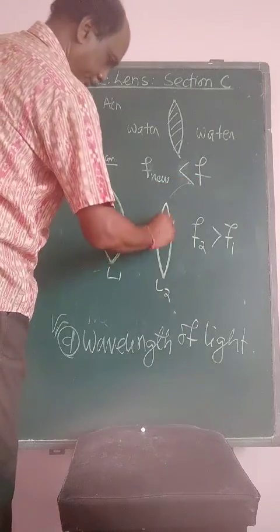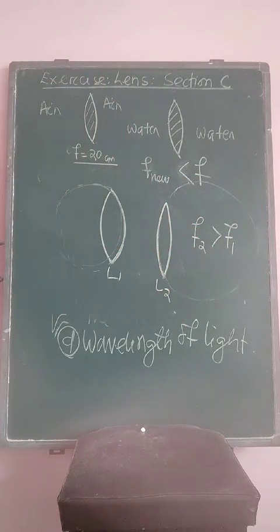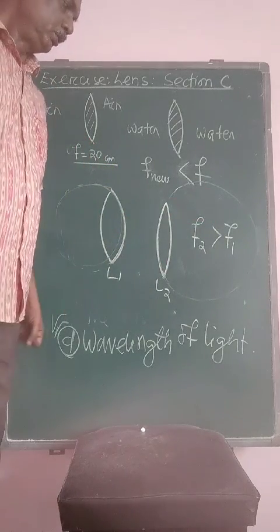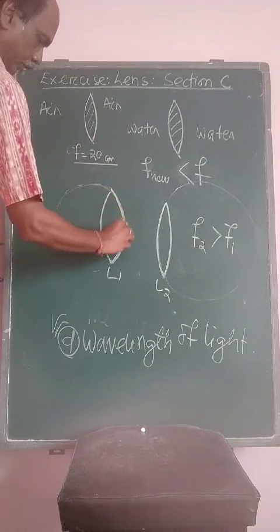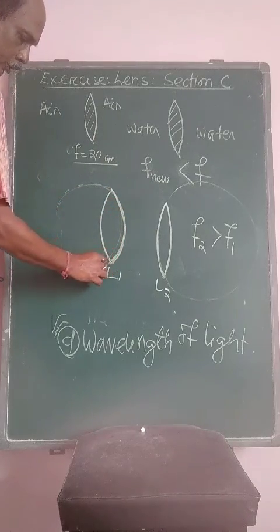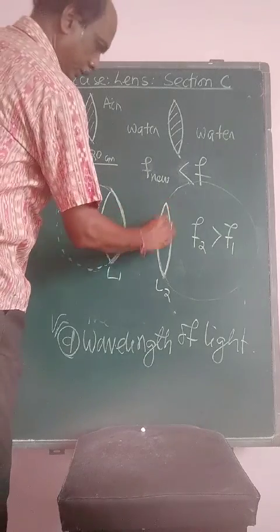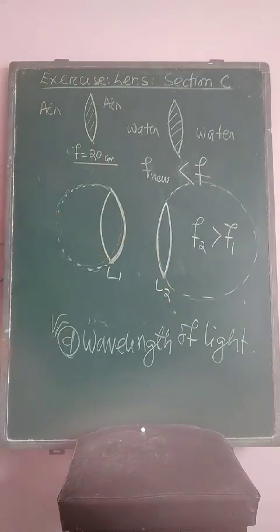Now you see, this surface has a greater radius of curvature. So the greater the radius of curvature, the greater the focal length. So remember, curvature means what? This is called curvature. This is the curvature of a small spherical surface, and this is the curvature of a bigger spherical surface.